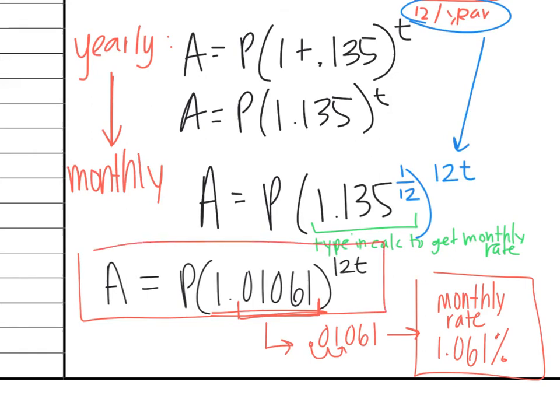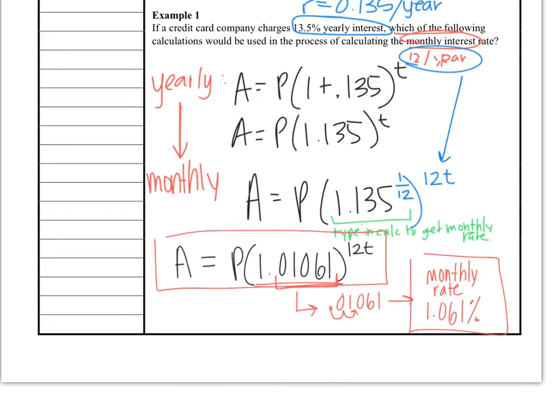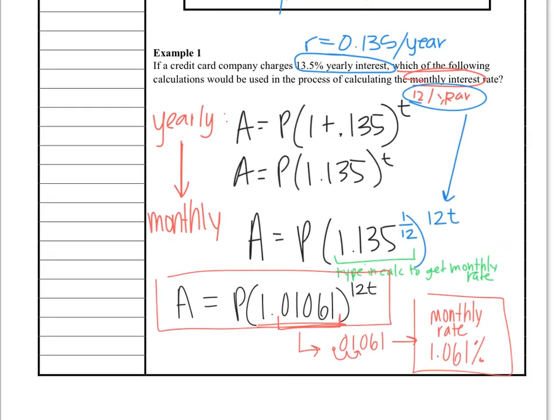So again, let me just break down what we had to do back up above. We wrote down the initial equation based on the yearly interest rate, right? So we used this yearly interest rate, wrote down the equation, simplified it. But then because we're calculating this for a monthly interest rate, we had to adjust the time in years for months. So because we have 12 months in a year, put the 12 out here.